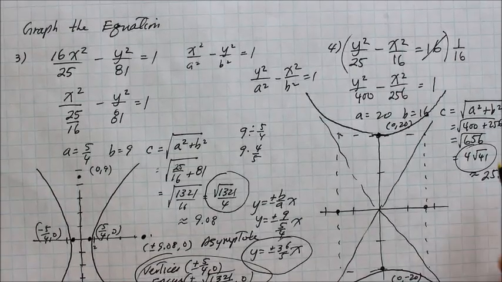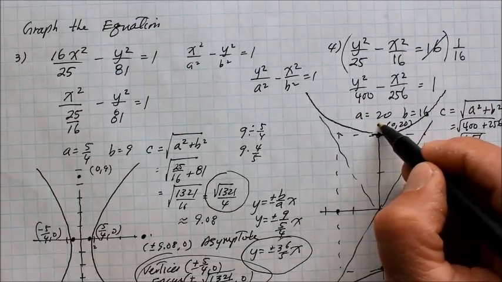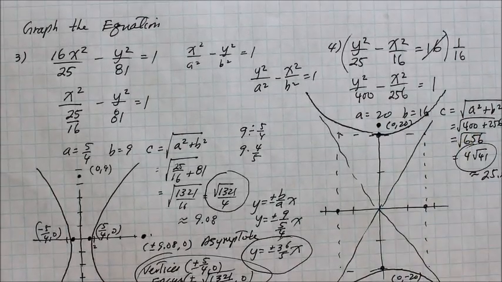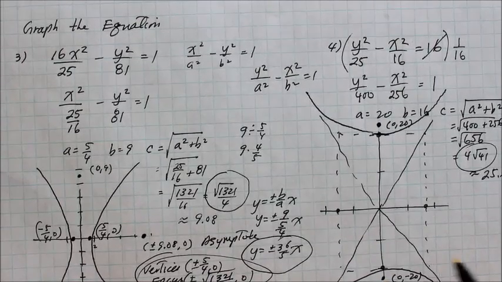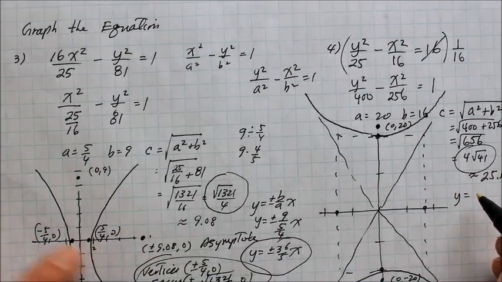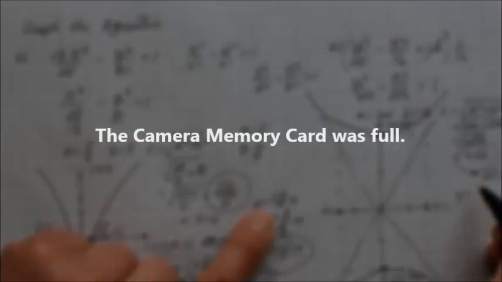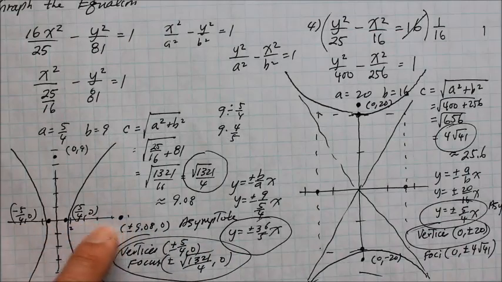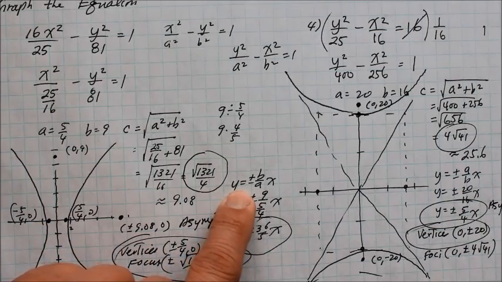So where's my focus? Well, it's at 25.6. So here's 20, 25.6, somewhere there. Okay? So the same is true on the opposite side of the origin, over here. And what's my formula for the asymptote? The function? Well, last time we had a horizontal transverse axis, we used the formula y is equal to plus or minus b over a x.